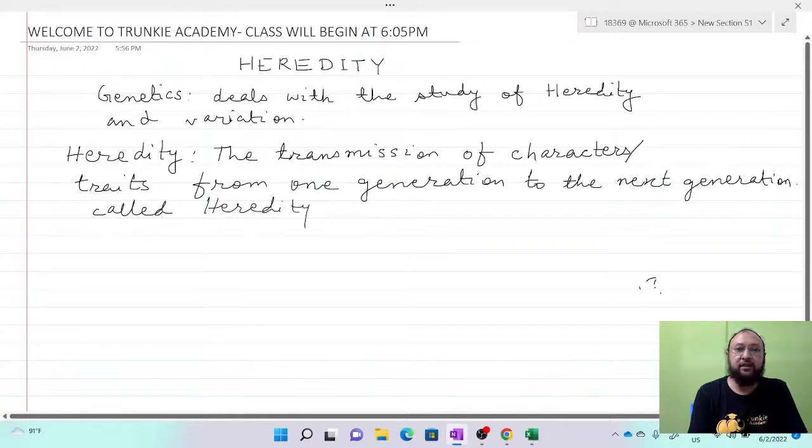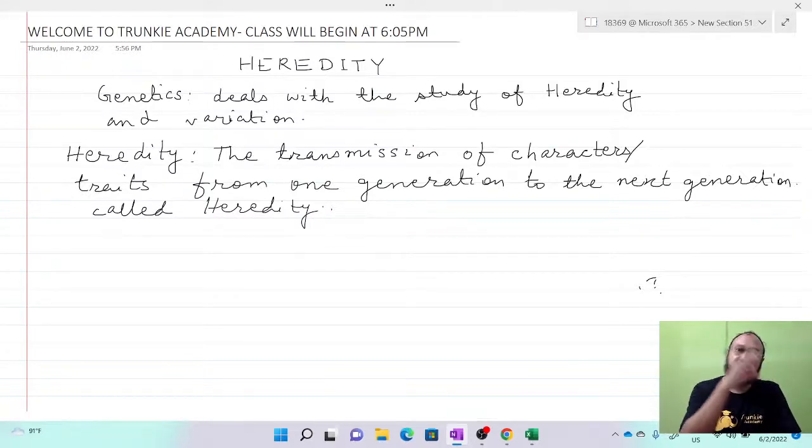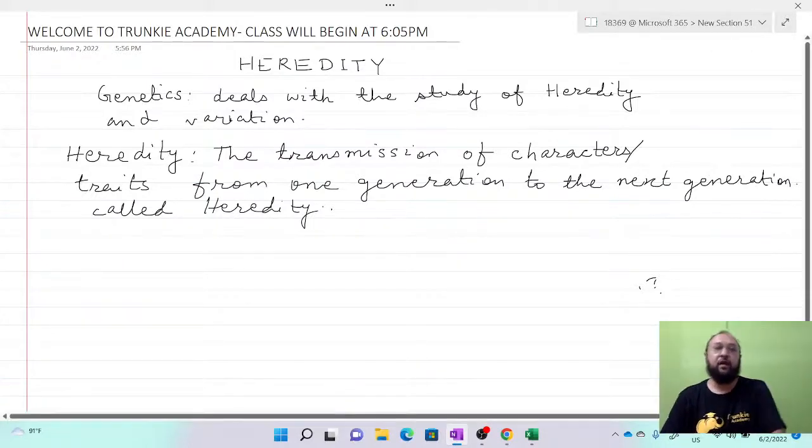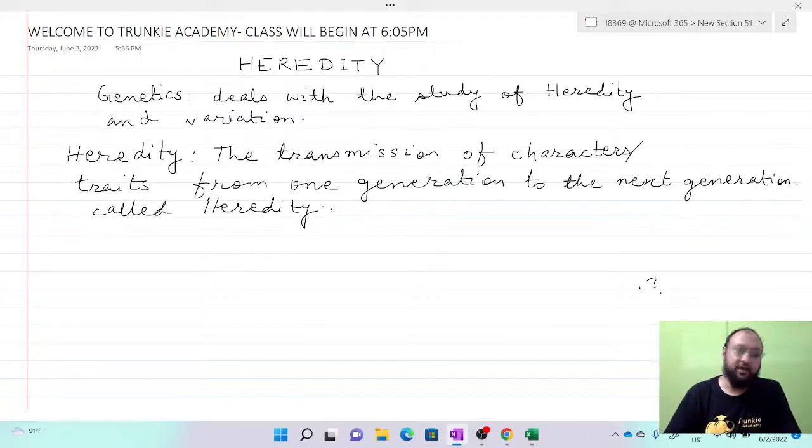So heredity is the mode of transmission of the characteristic features or traits from parents to the offspring, or from one generation to the next generation. That is heredity.